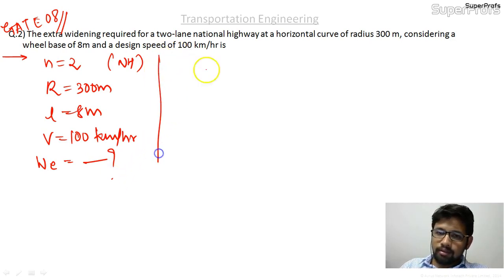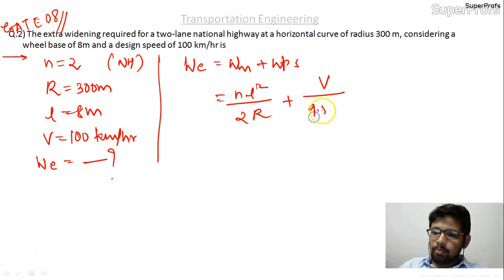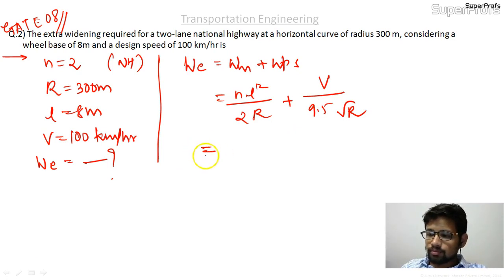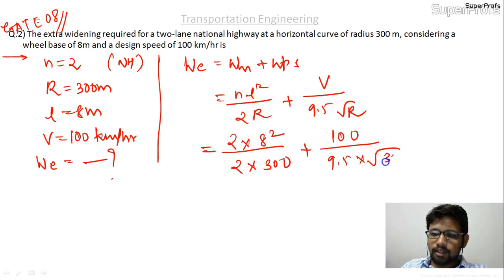We know that extra widening is given as Wm plus Wps, which is equal to NL square upon 2R plus V upon 9.5 under root of R. That is 2 into 8 square upon 2 into 300 plus 100 kilometers per hour upon 9.5 into root 300.